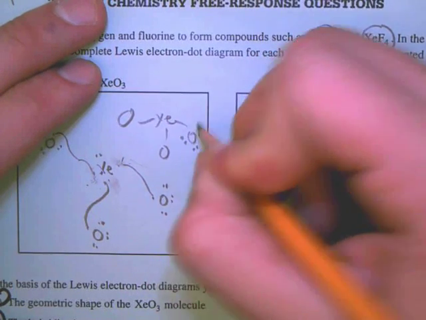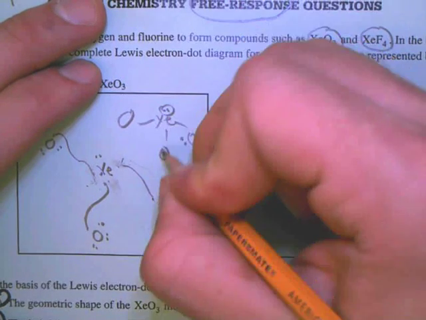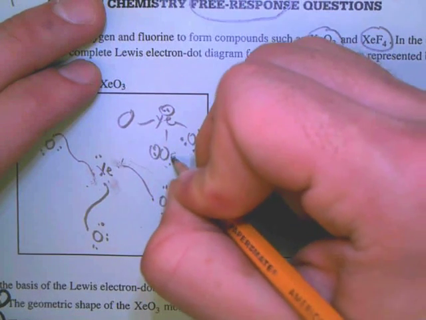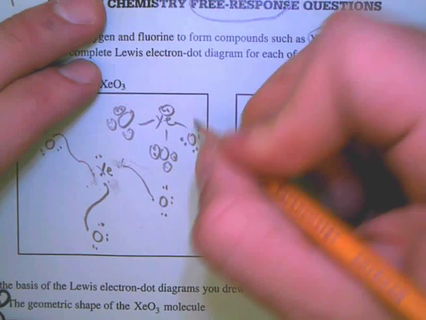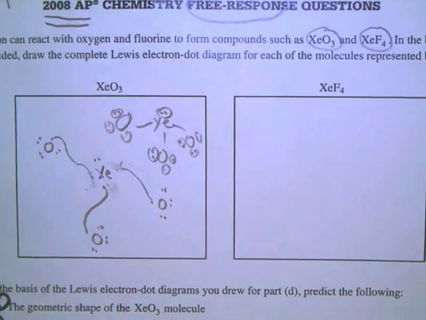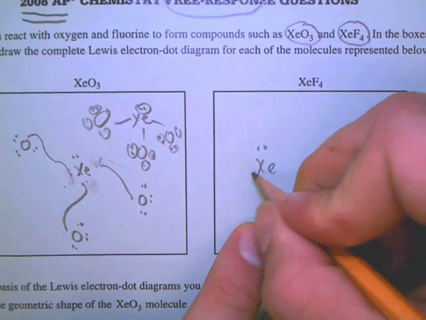We're on a free response problem right now, so we're going to draw all of our lone pair electrons and circle all these, and there's that. Let's go ahead and do XeF4, Xe.